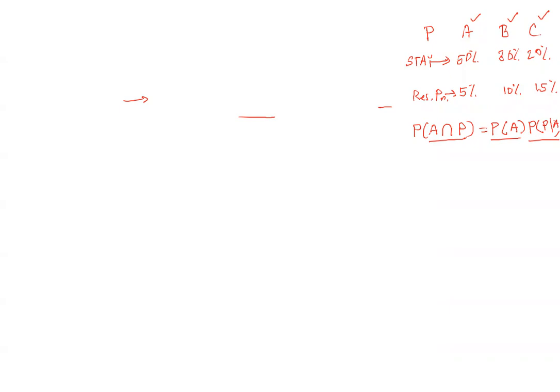No, I'll leave it as it is. But on the other hand, probability of A intersection P is the same as the probability of P times the probability of A given that P has already happened. Both of these are equivalent definitions.